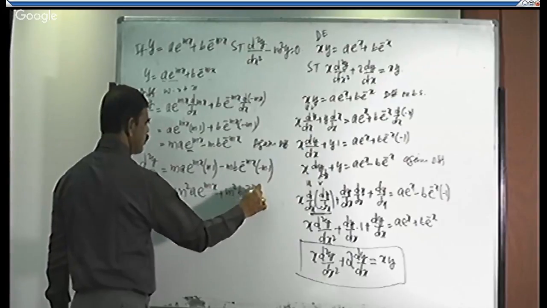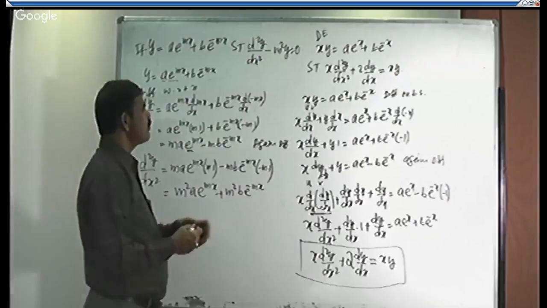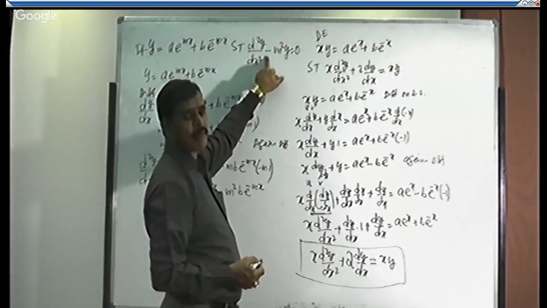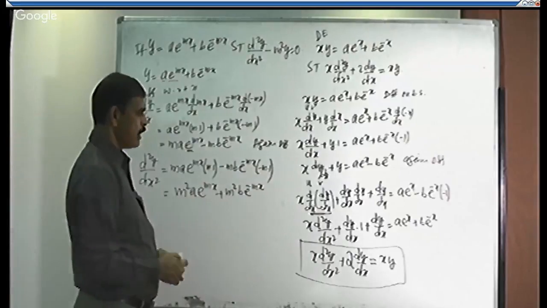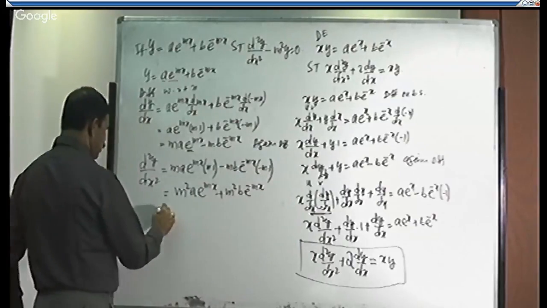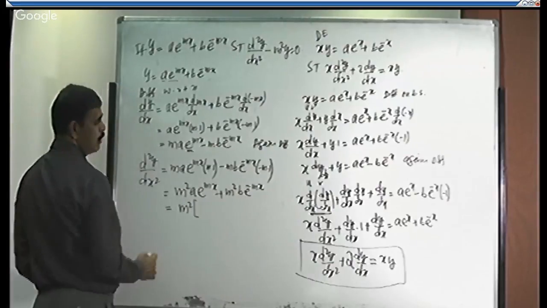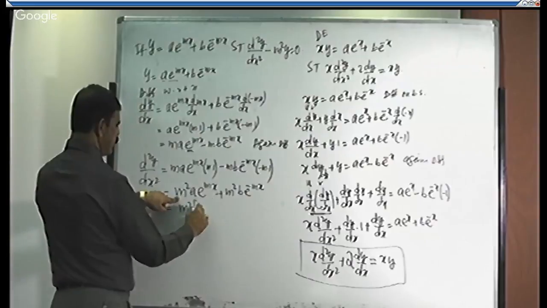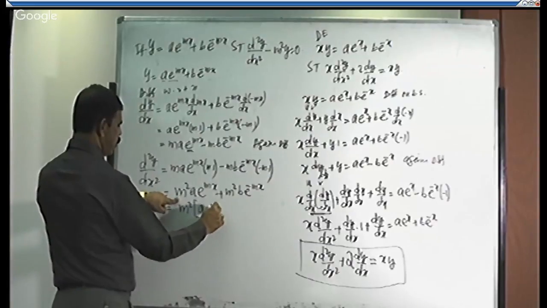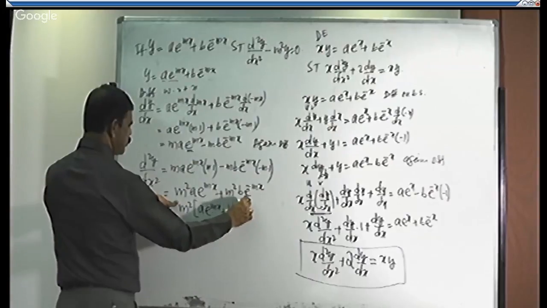We need the answer in the equation d square y by dx square minus m square y. Can you convert this into m square y? We will convert easily. How? By taking m square common. m square is there, m square is there. You just take it common. What is remaining? a e power mx plus b e power minus mx.